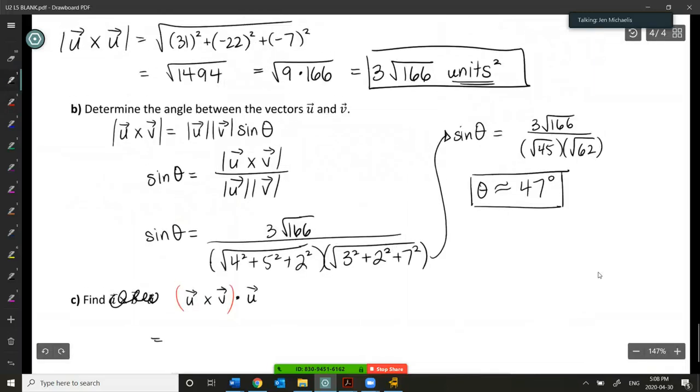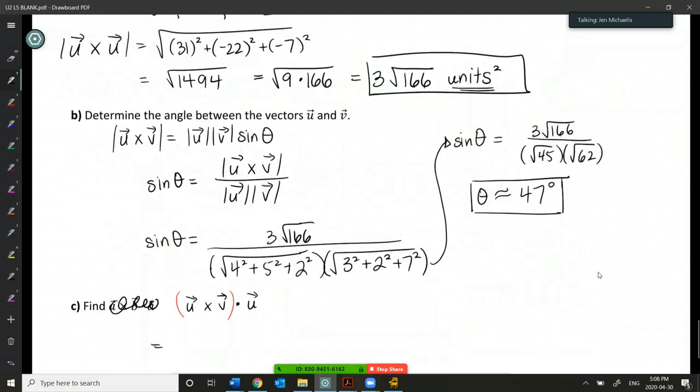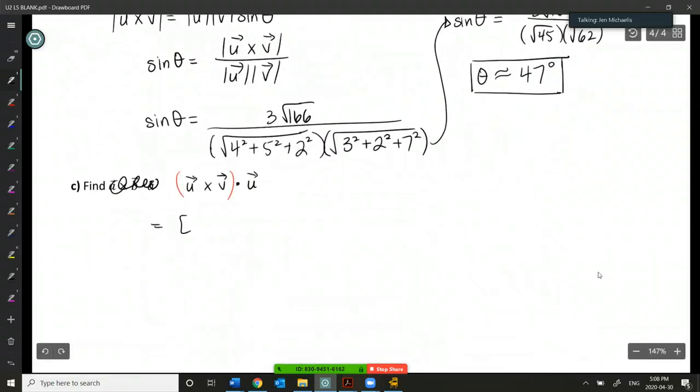So we actually already have found the cross product of v and u, and that was 31, negative 22, and negative 7. So we're not going to calculate that again. We're just going to write that here. And then we're going to dot this with vector u. And vector u is 4, 5, 2.